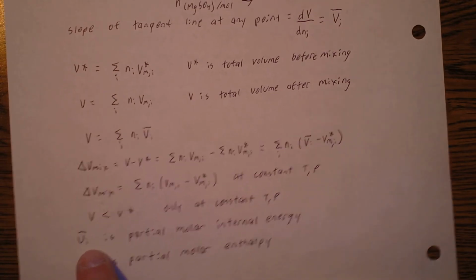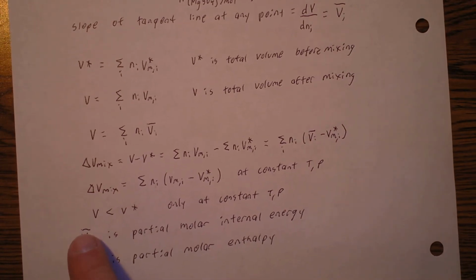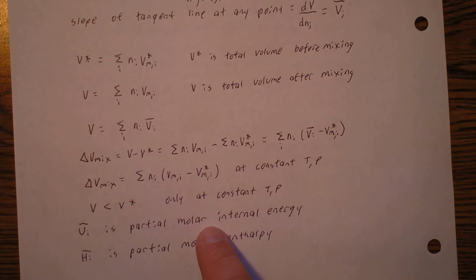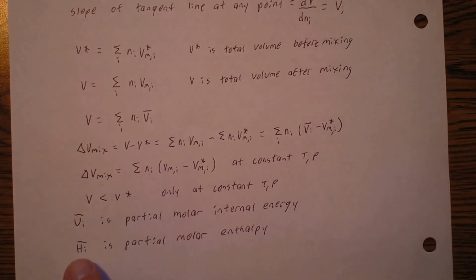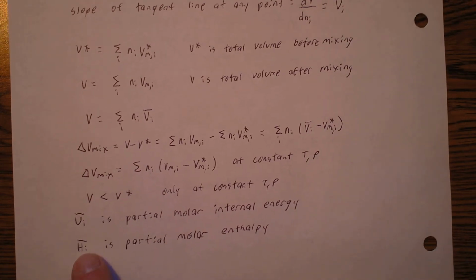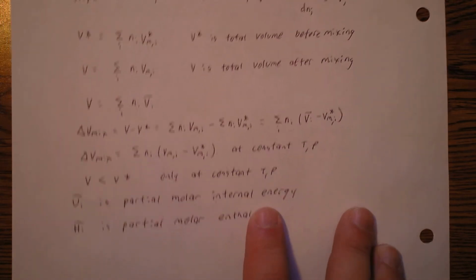Now, likewise, we can do the same thing for U subscript I with a line over it. That will be the partial molar internal energy. Or we could do the same thing for H subscript I, and that's going to be the partial molar enthalpy.